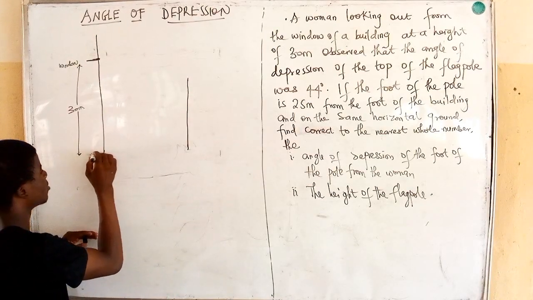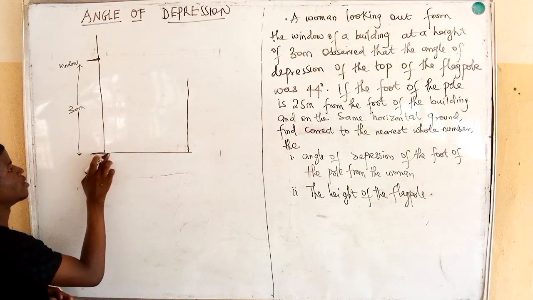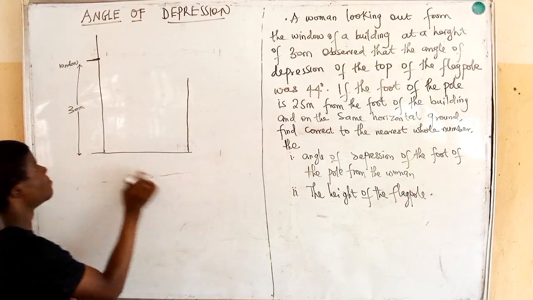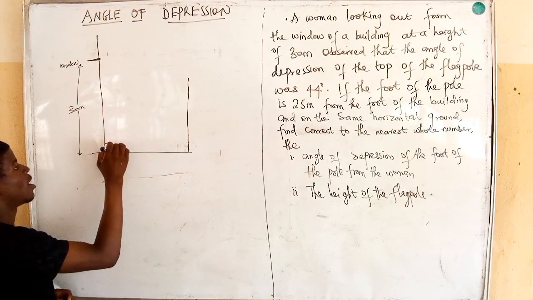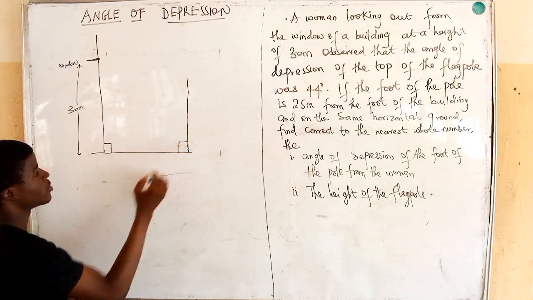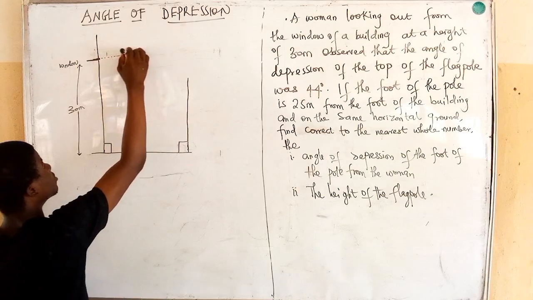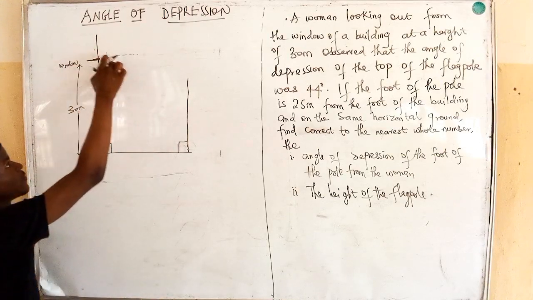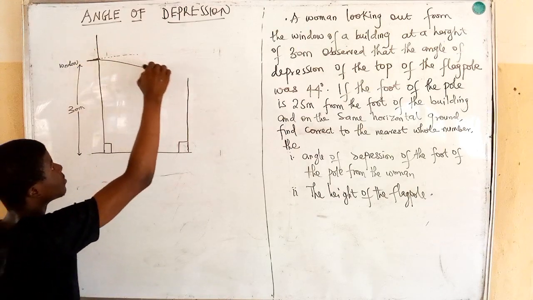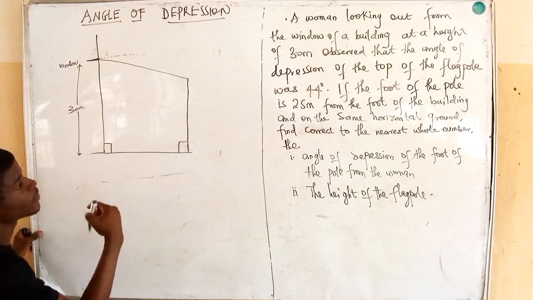So let's do something like this. This is the base of the flagpole, and this is the base of the building. They are on the same horizontal ground, making this to have an angle of 90 degrees with this, and also an angle of 90 degrees. So now, this is the horizontal. She's actually looking at this flagpole. So this will be the line of sight. So the angle was 44 degrees.